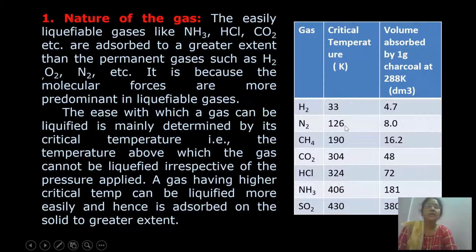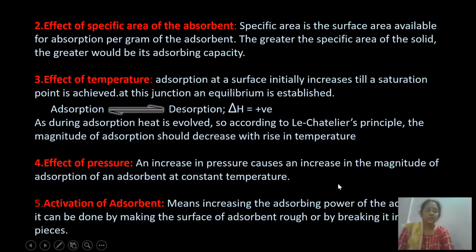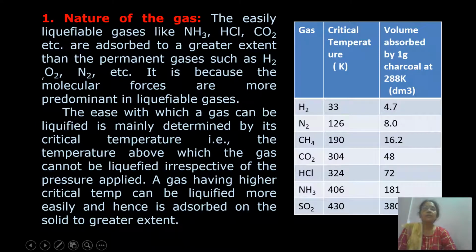Here we can see the different gases and their critical temperature. These are the volumes adsorbed by 1 gram of the charcoal at 288 Kelvin, and this is the critical temperature.